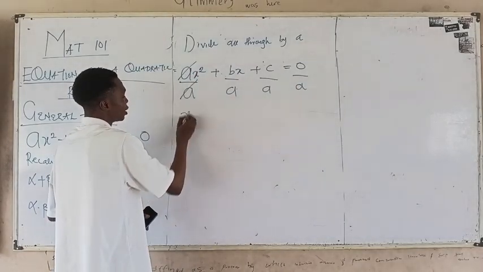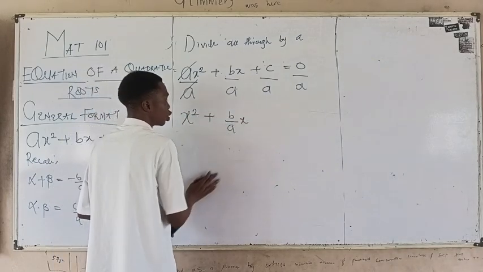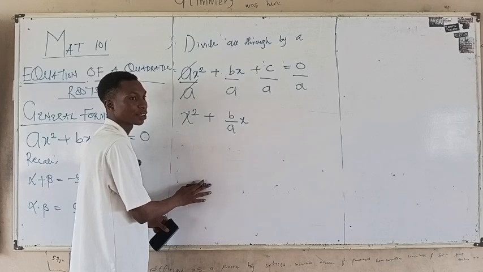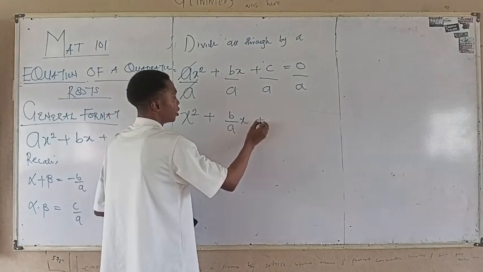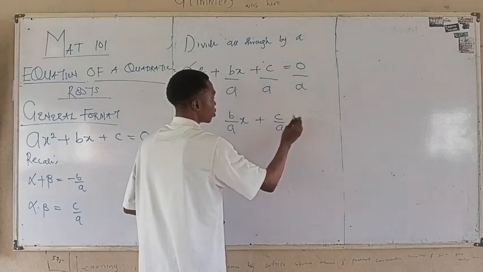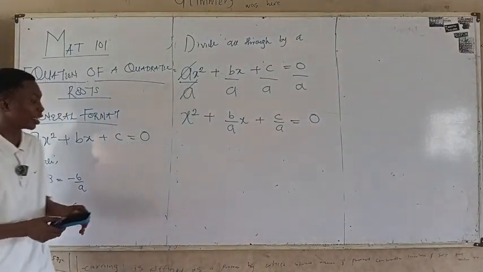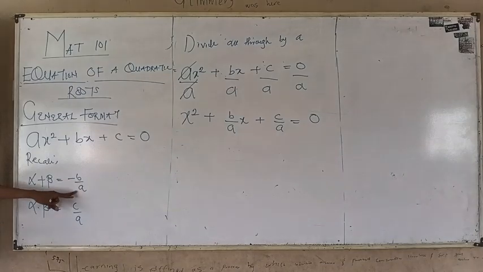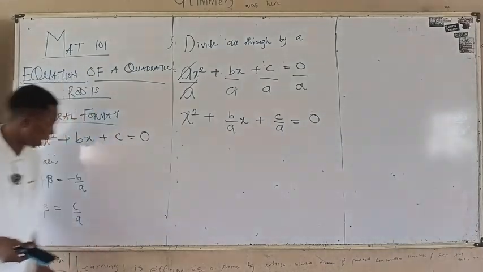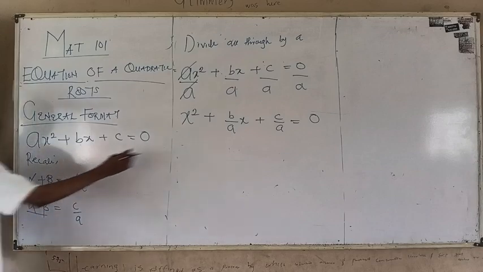Can I write it like this? x squared plus b over a x, is it correct? Yes. Then c over a, then that's 0. Now is it looking like that? Yes. Do we have b over a? Yes. Do we have c over a? Do you know I can input this into this?